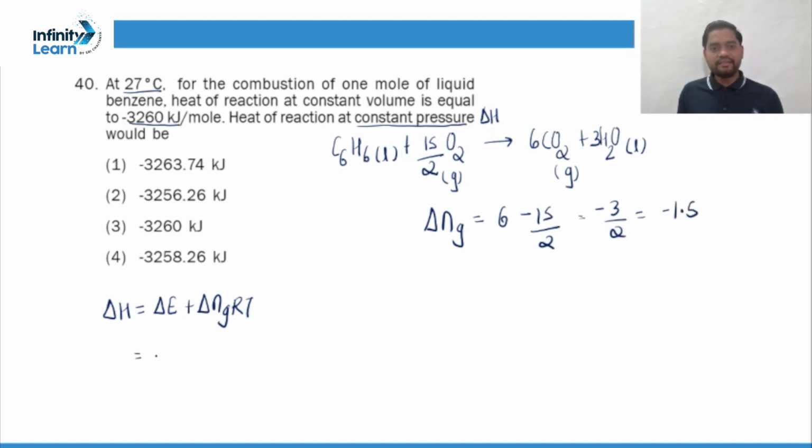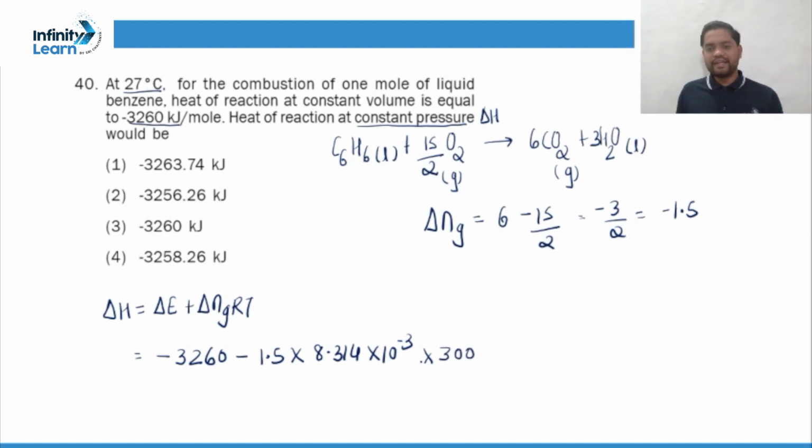So delta H is minus 3260 minus 1.5 into R. R is 8.314 joule, so 10 raised to minus 3 has to be added for kilojoules, into temperature. 27 degrees Celsius is 300 Kelvin. Right.